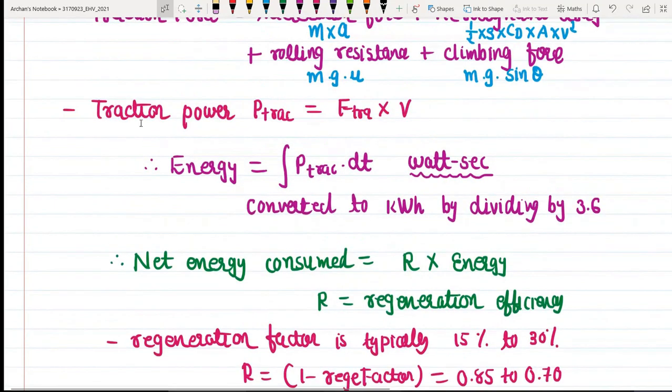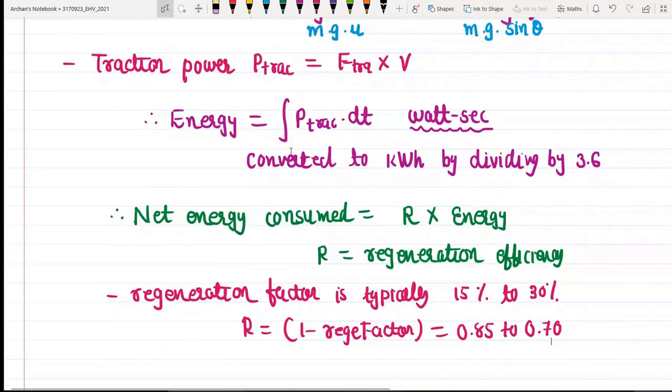Now let us talk about the power again. What will be the power required to move the vehicle on a flat road, or if I have to climb some road, what will be the power required to climb this particular road? The climbing power, whenever it is required, is nothing but a function of velocity only, as I have told you.